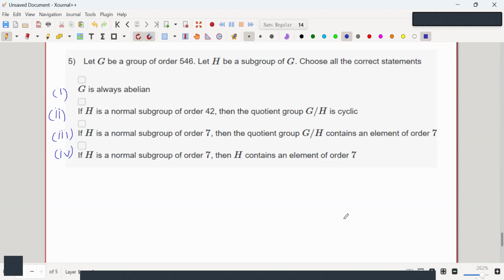No, well, I could take all the permutation groups where n is greater than or equal to 3. They would all work. Do you know any other groups which are not abelian?